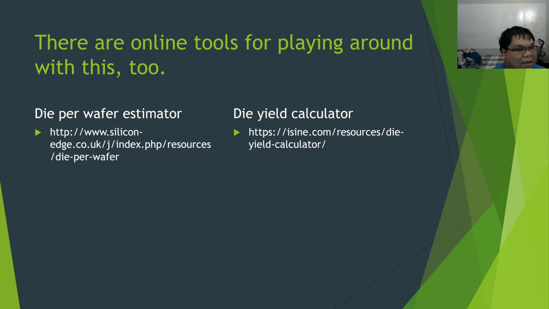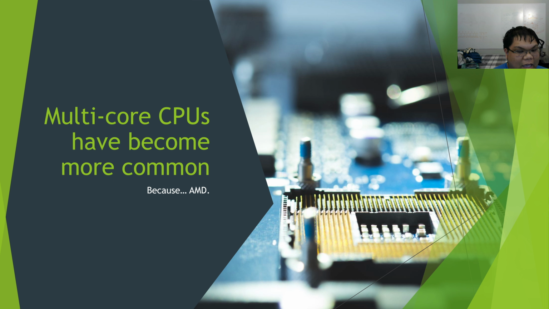multi-core CPUs have become way more common these days because of AMD, which is ironic because this stock image that PowerPoint decided to put up here is actually an Intel CPU socket, not an AMD socket. There are various videos online that talk more about the technical details.